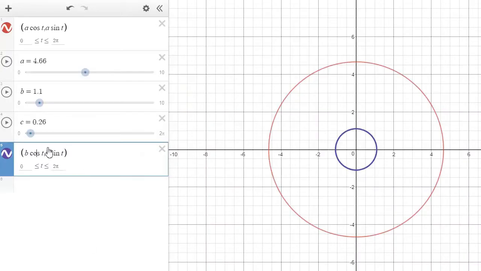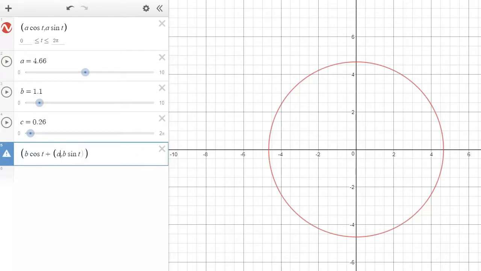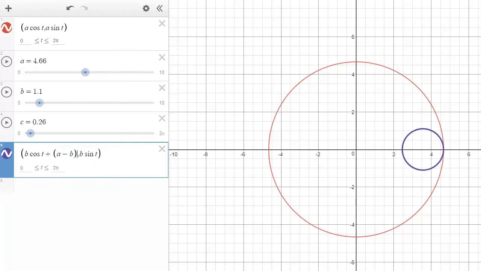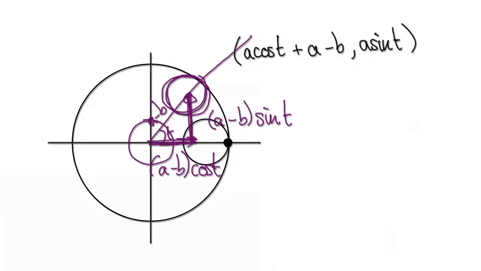Looking at the x components of our small circle, we need to move it across by add bracket a minus b close bracket cos c, because c is going to be our slider. We're going to use c and t interchangeably.